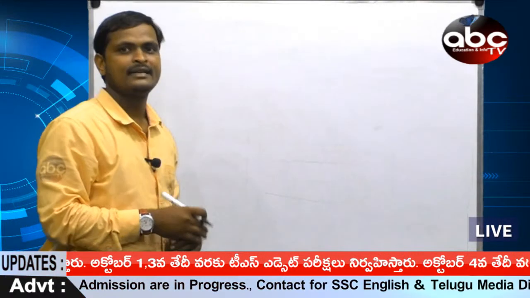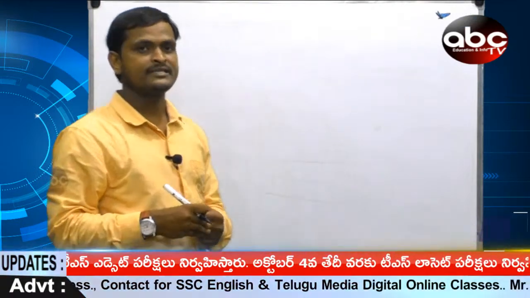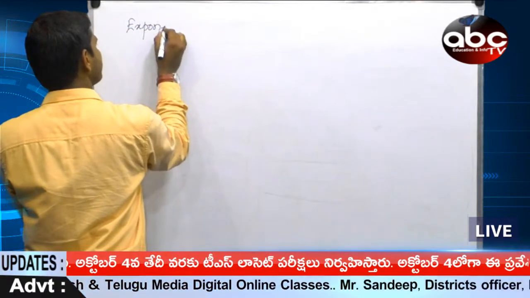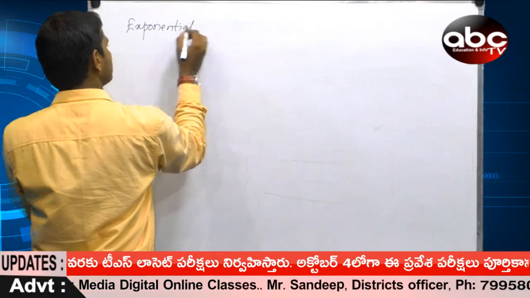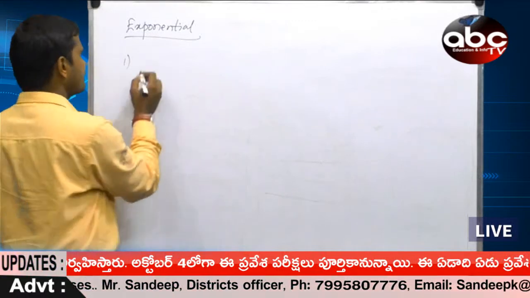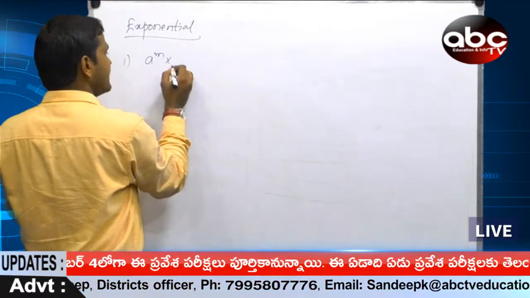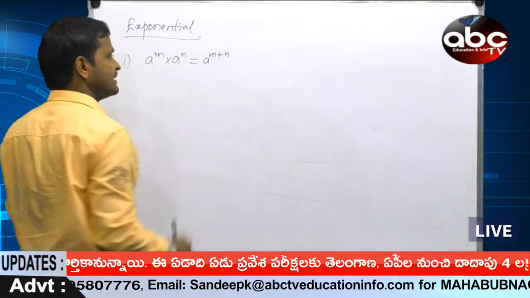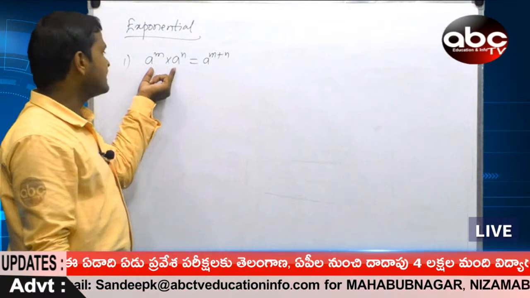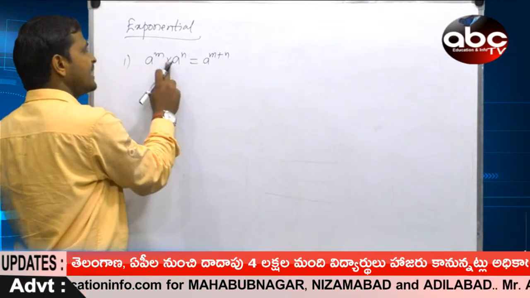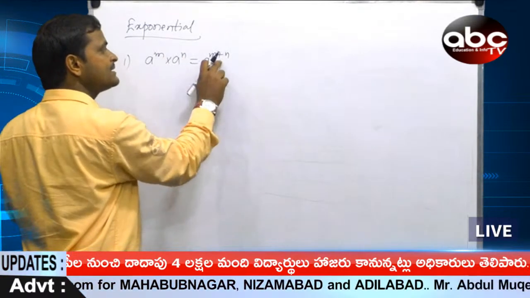Already you know, students, in 8th and 9th standard you learned different exponential forms. First one, a power m into a power n is equal to a power m plus n. See, students, when bases are equal, then we can add powers.